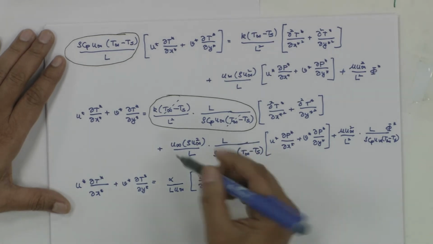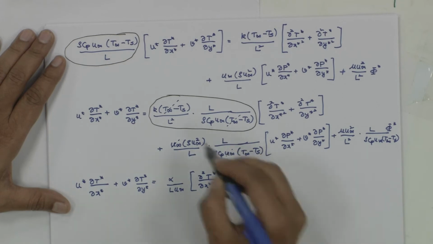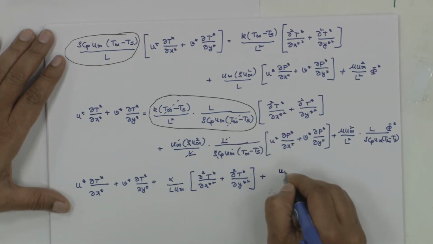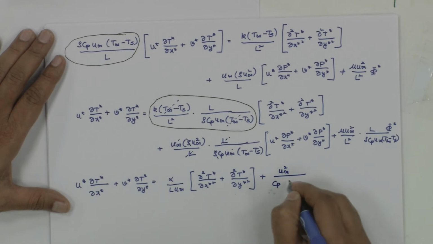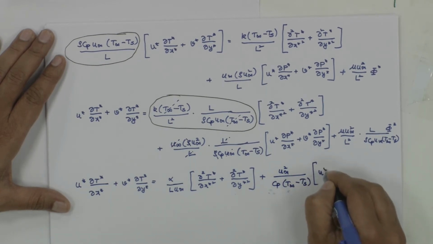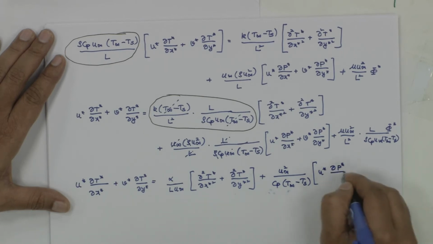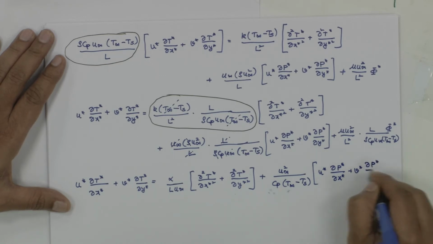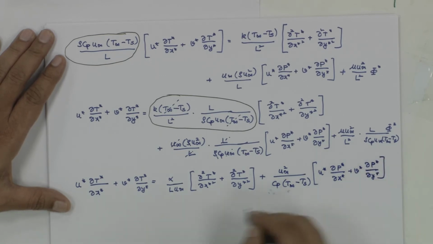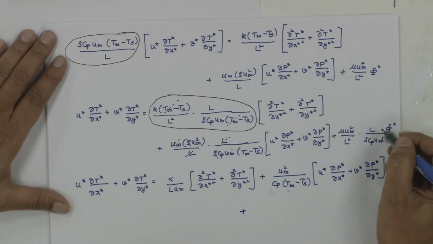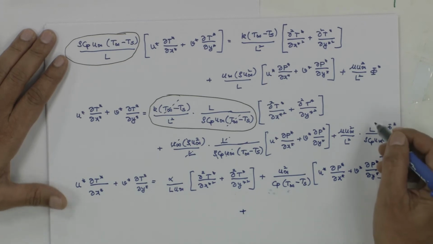So what about here? u infinity gets cancelled out, rho gets cancelled out, L gets cancelled out. So we end up with u infinity squared divided by Cp into T infinity minus Ts into u star del p star by del x star plus v star del p star by del y star plus, now here, what is it that you are going to get?